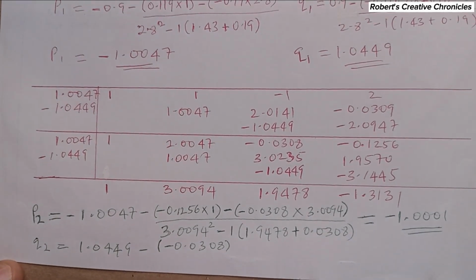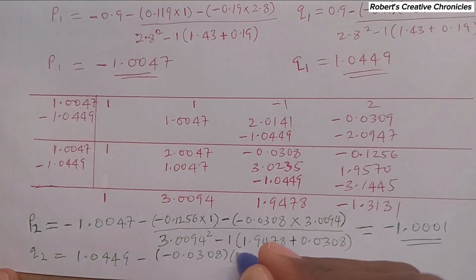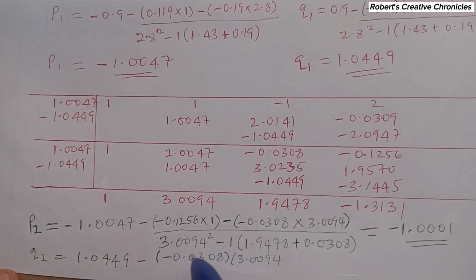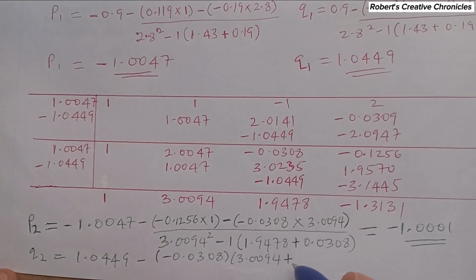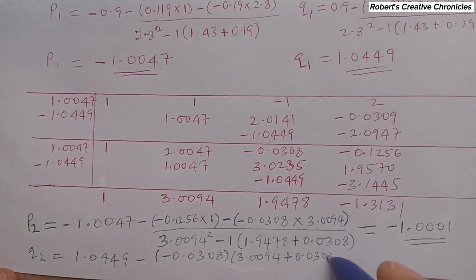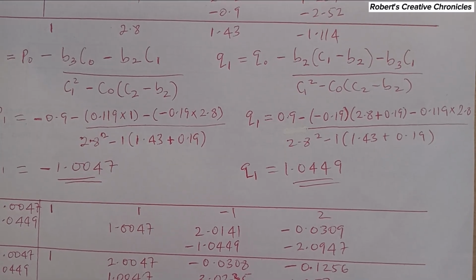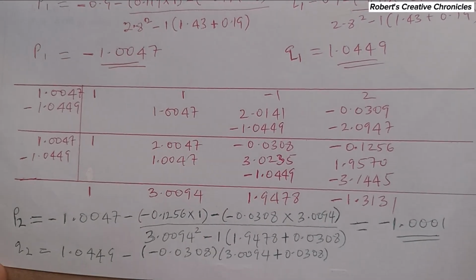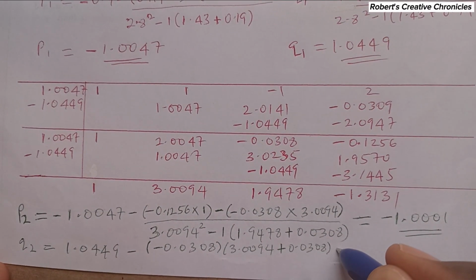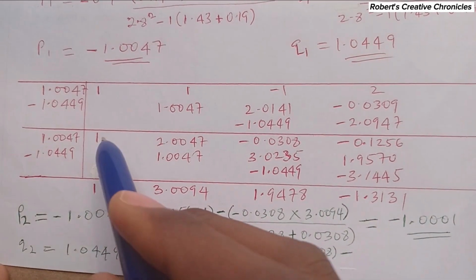C1 is this, C0, this C1, minus B2. So it will be plus 0.0308, then minus B3 C1.